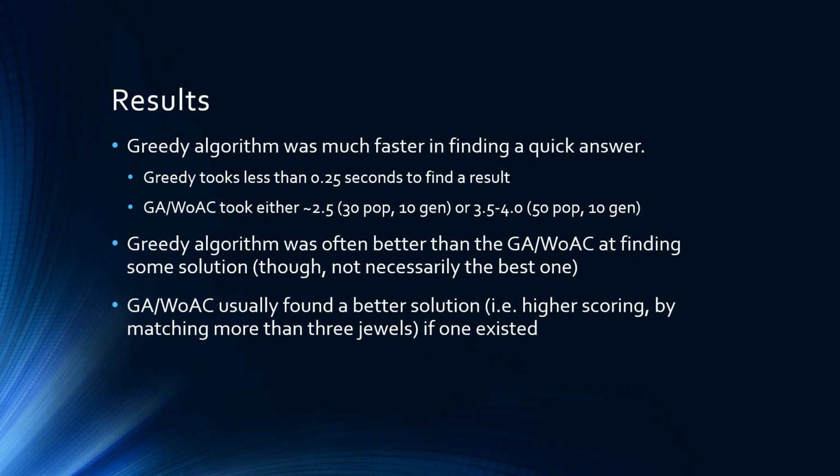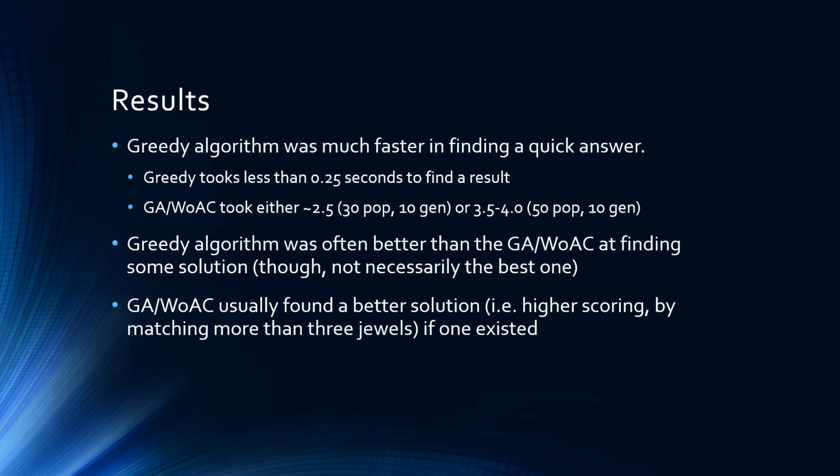So one of the things I found, and it's obvious from actually watching it run, is that the greedy algorithm is much faster at finding a quick answer. The greedy algorithm took less than 0.25 seconds on average to find each match, and then move on.